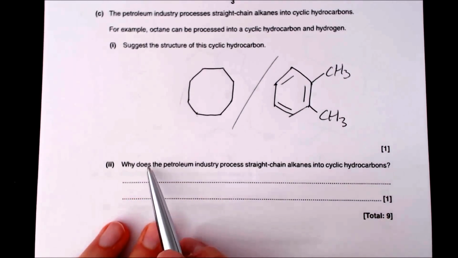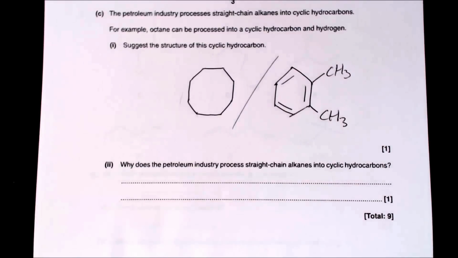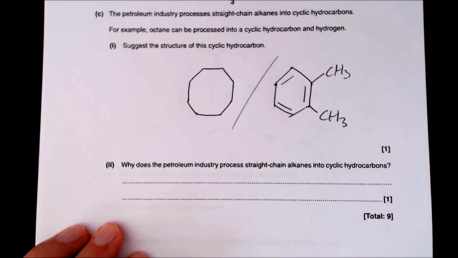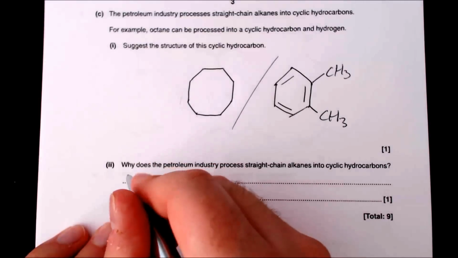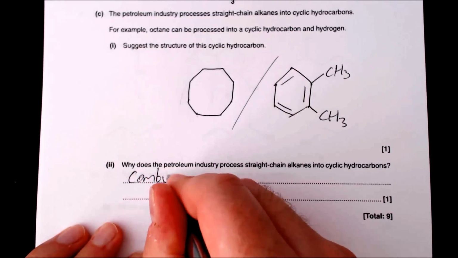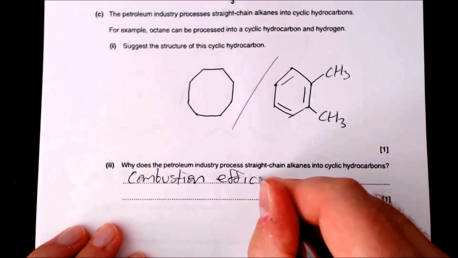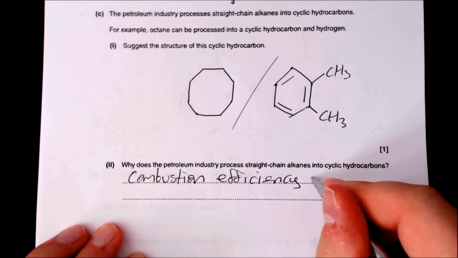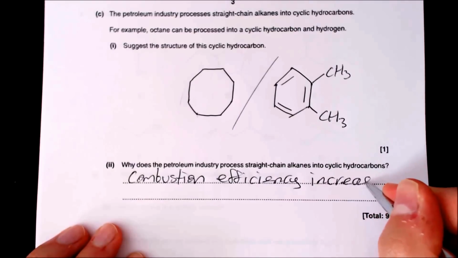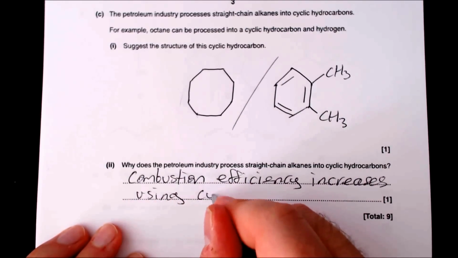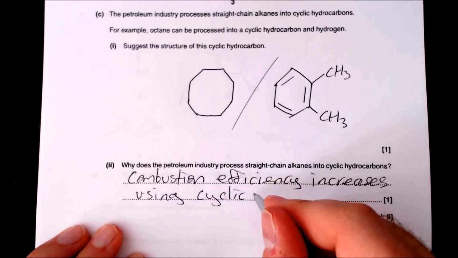And then the last question, it says, why does the petroleum industry process straight chain alkanes into cyclic hydrocarbons? There's a load of different answers for this, but basically, cyclic hydrocarbons increase the efficiency of combustion engines. So we'll say something along the lines of, combustion efficiency increases using cyclic hydrocarbons.